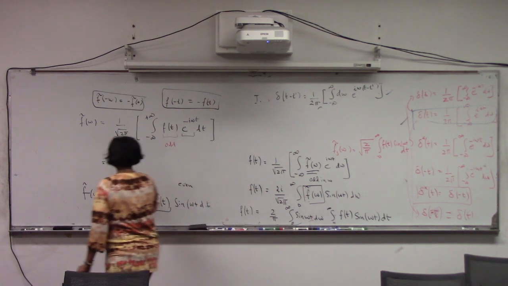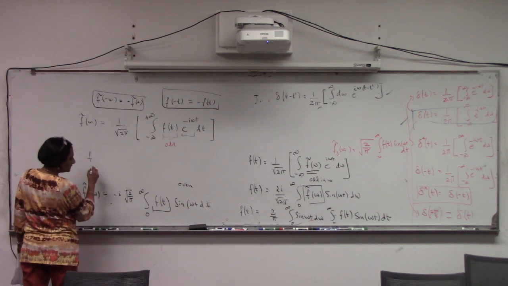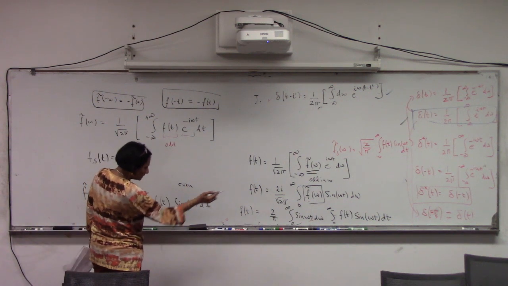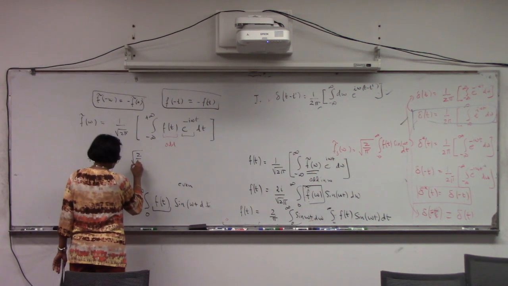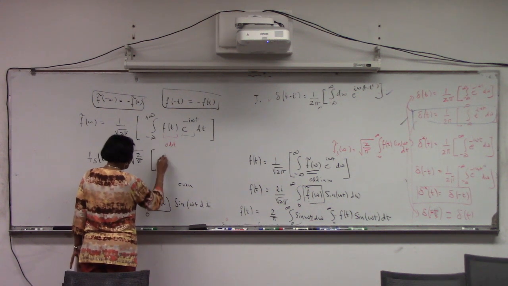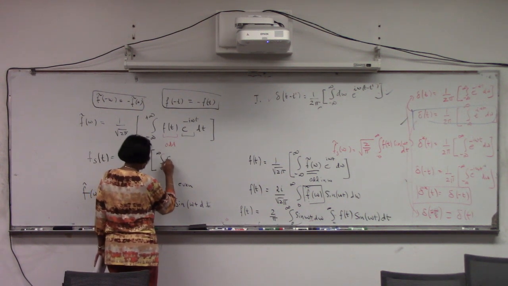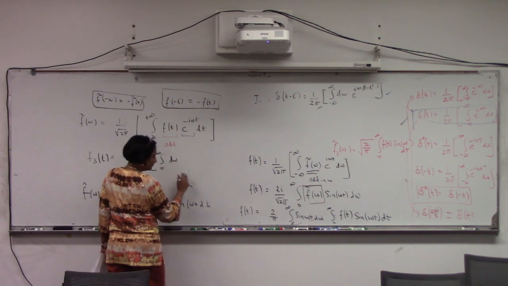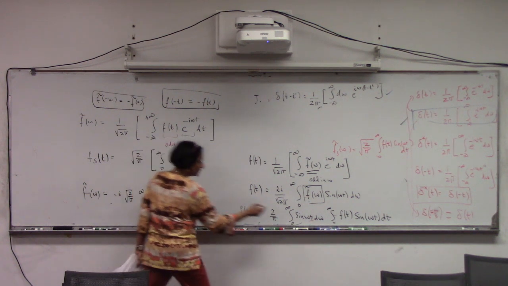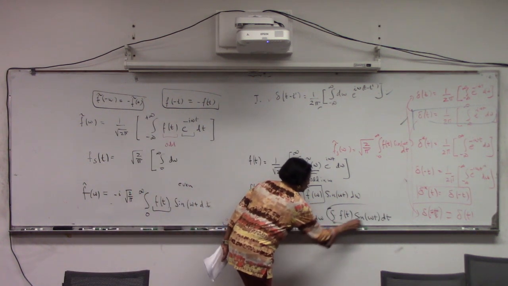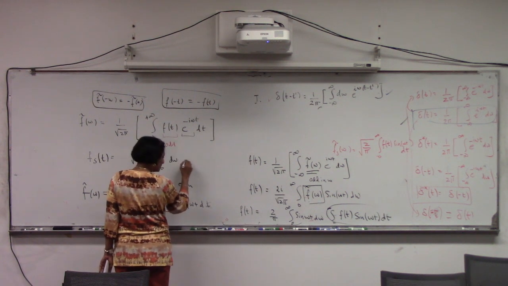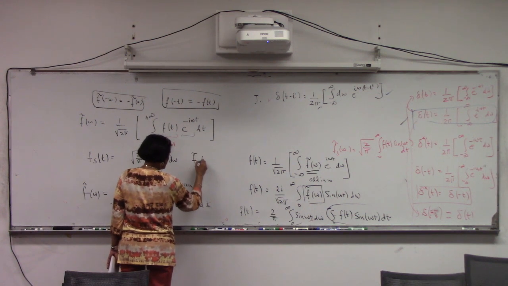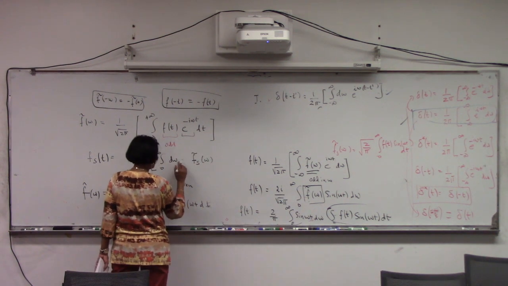So what I have is the definition of the Fourier sine transform, or Fourier transform in this case, which will be the square root of 2 over pi, 0 to infinity, sine of omega t, nothing fancy, d omega. I'm going to call this square root of 2 over pi times the Fourier sine of omega, and then sine omega t is also there.